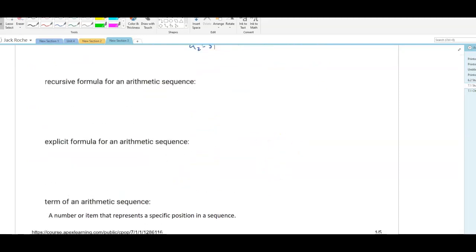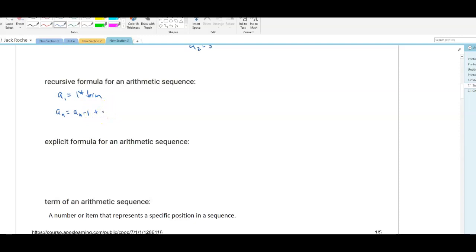All right, now the recursive formula. There's two parts of this. The first part is identifying the first term. So we first say a sub 1 equals the first term, and we would identify that. Now when we talk about recursive, it's like, what are we doing to the previous term? So what we say is a sub n then is a sub n minus 1, and then what are we doing to the previous term each time?